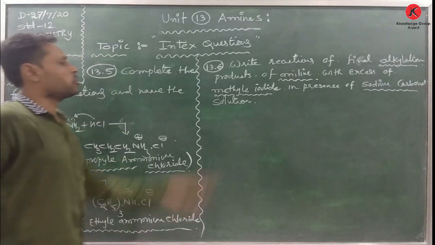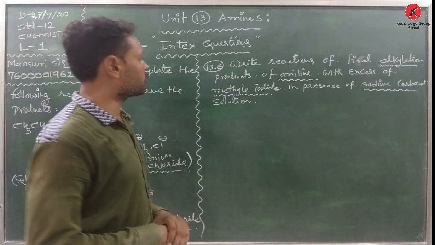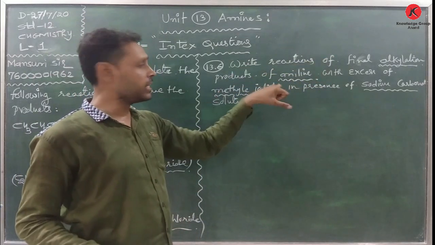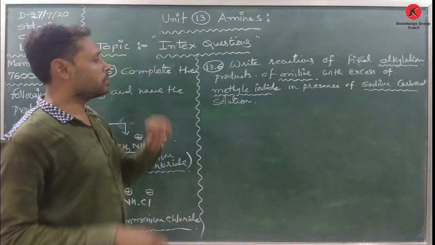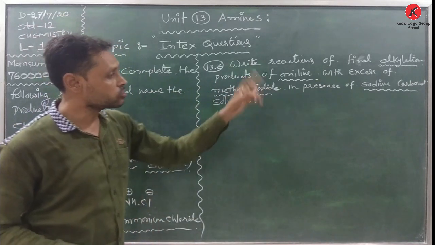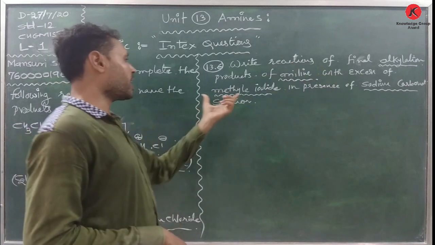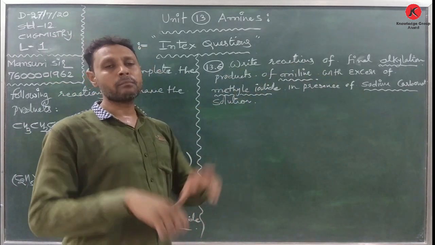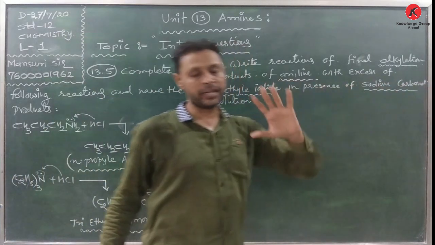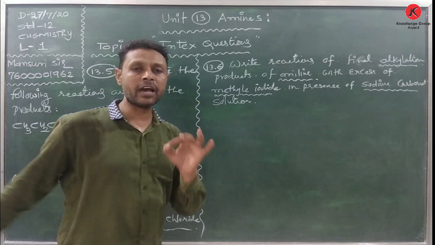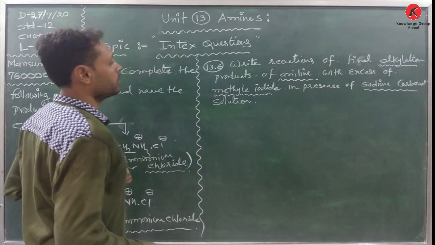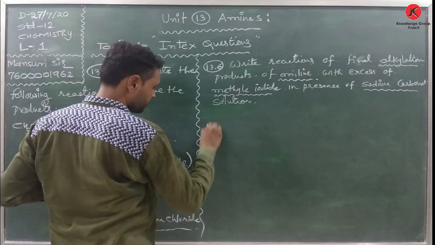Now here, write the reaction of final alkylation products of aniline. So we have to make alkylation of aniline with an excess amount of methyl iodide in the presence of sodium carbonate, and we have to discuss the IUPAC name of the structure. Now aniline should be taken.